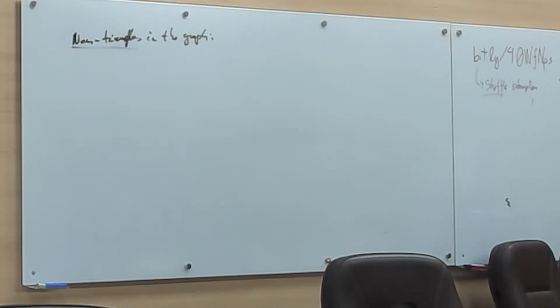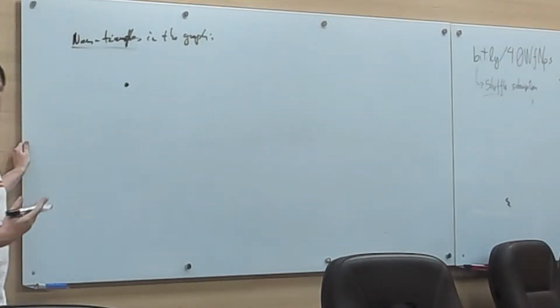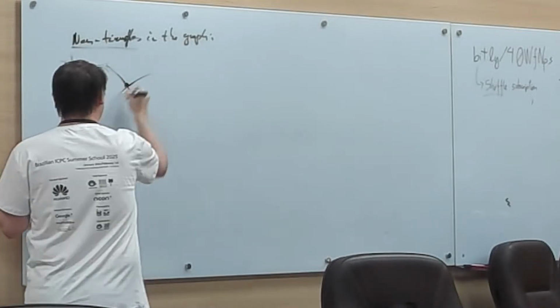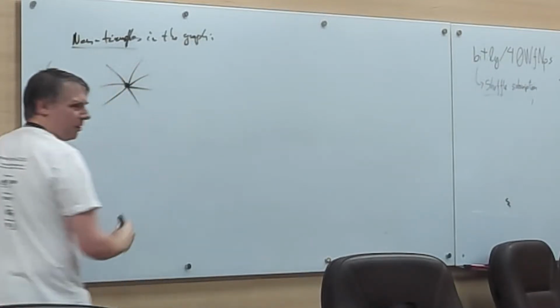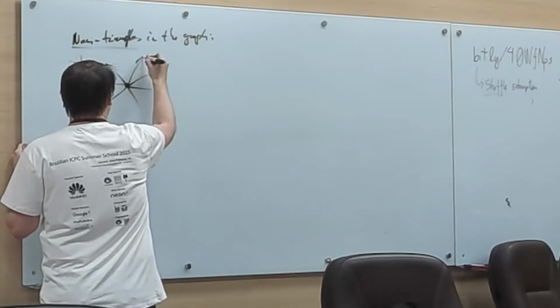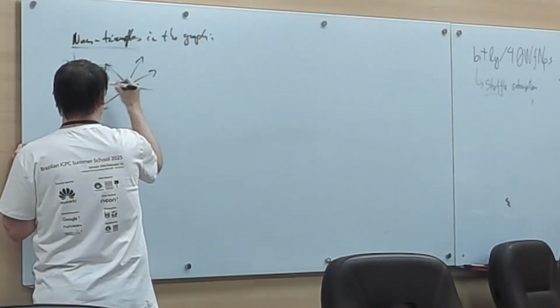How to do that? Consider each vertex individually. Consider a point. It is connected to every point in the graph. Some edges are outgoing, some edges are incoming.